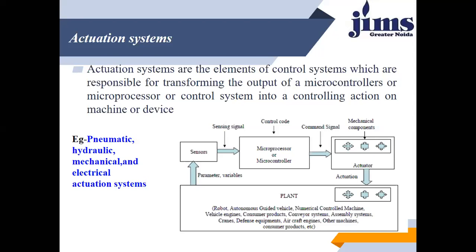Every plant is furnished with NC machines, CNC machines. Nowadays, no NC machines, all are CNC machines. Those are the applications popularly used in the plants: robots, automated guided vehicles, numerical control machines, vehicle engines, customer products, conveyor systems.